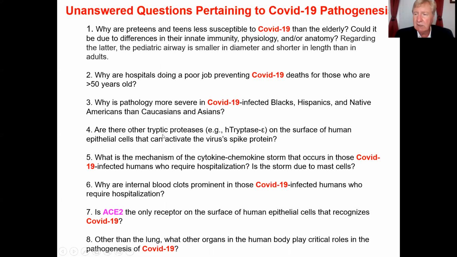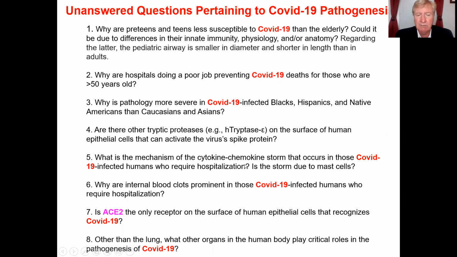So the question is, are there other tryptic proteases that also function to do this? One of those proteases, one that my lab cloned as part of the Human Genome Consortium, is a tryptase locus, and one of those tryptases is expressed in human epithelial cells. So the question is, does that tryptase epsilon activate COVID-19?